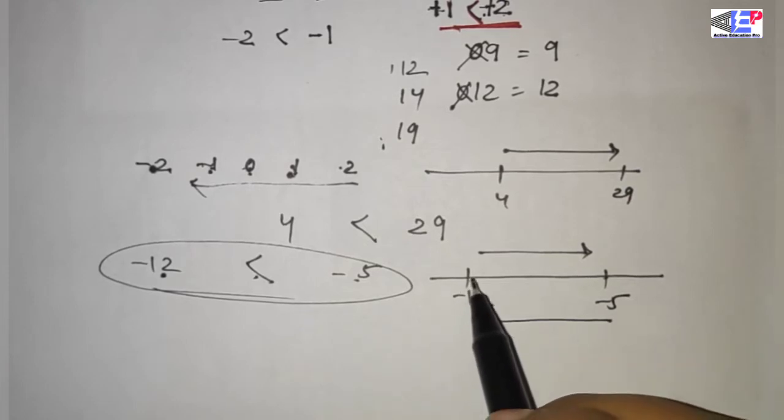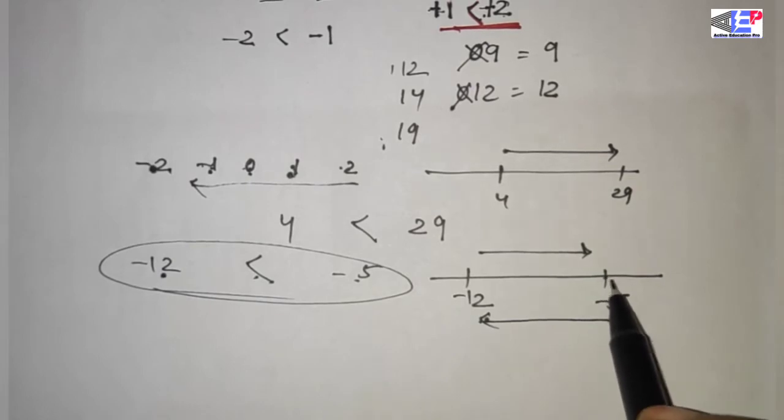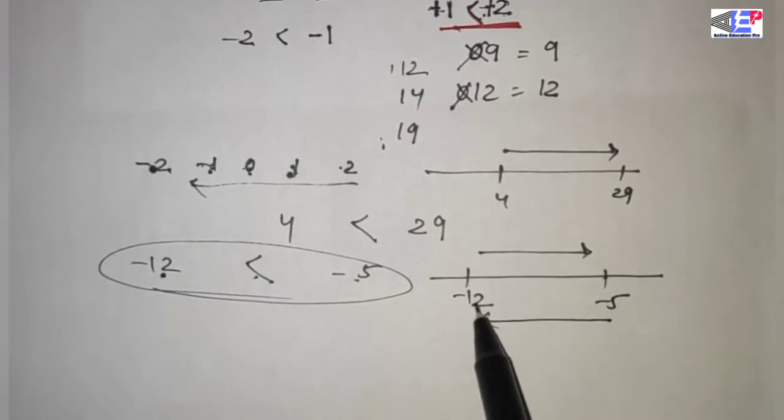Look here, when you move left to right, then the number value will increase. So -5 is greater than -12. When you move right to left, the number value will decrease, so -12 is smaller than -5. Finally, -5 is greater than -12.